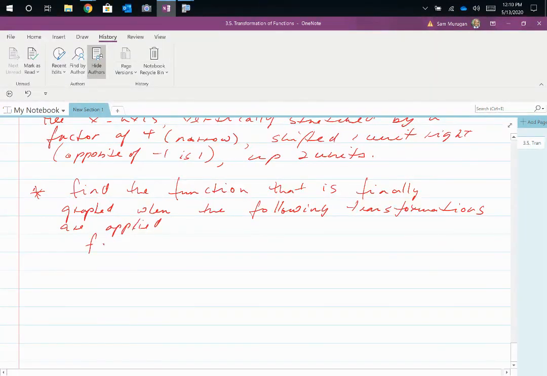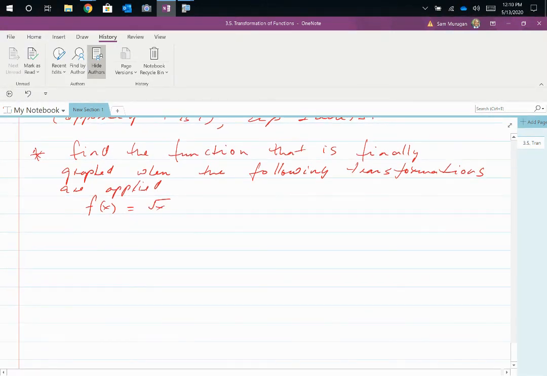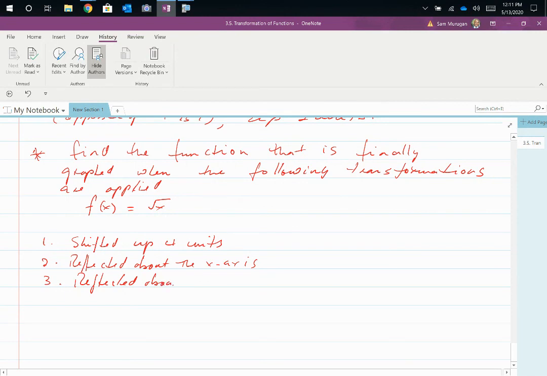So the original function is given as f of x is equal to the square root of x. Number 1, shifted up 4 units. Number 2, reflected about the x-axis. And number 3, reflected about the y-axis.